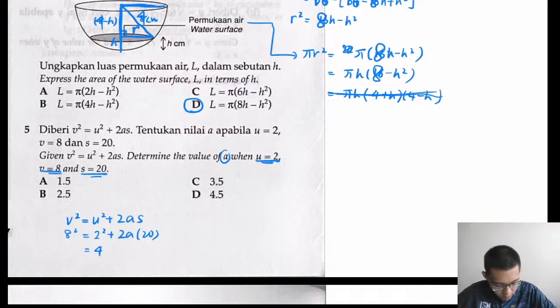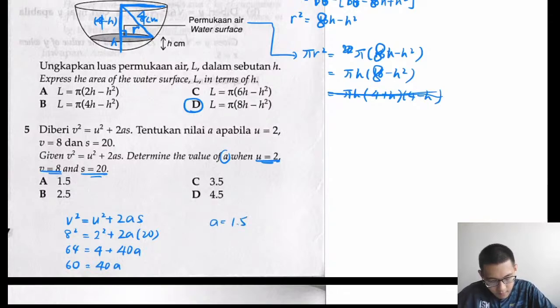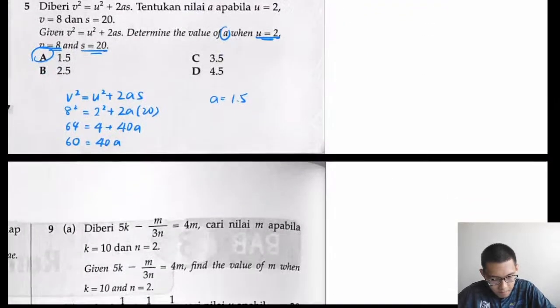So now we have 4 plus 40a equals 64. So 60 equal to 40a. So a is equal to 1.5. Okay, 1.5.